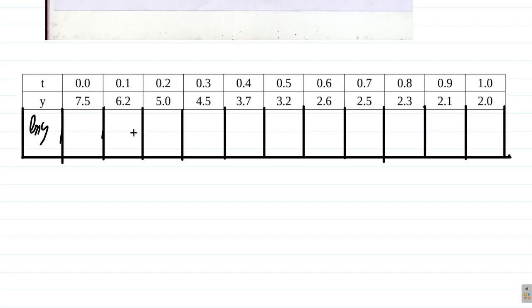Let's write 2 to one decimal place, 2.0. ln of 6.2 is 1.8. ln of 5 is 1.6. ln of 4.5 is 1.5. ln of 3.7 is 1.3. ln of 3.2 is 1.2 to one decimal place.